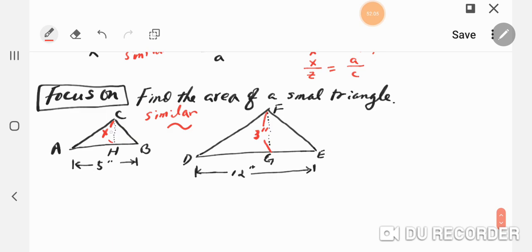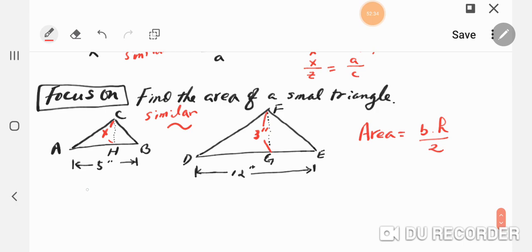Then the area of the smaller triangle, what's the area? The area is base times height divided by 2. So for the smaller triangle, we have to find the length of the height, x. Let's say this is x. In this case, we can use similar triangles, a proportion, to write an equation to find x.